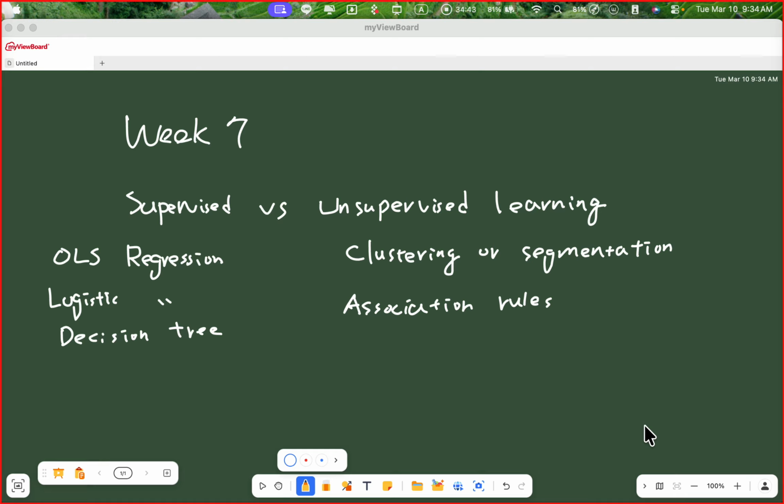So let's go to regression, and we also mentioned the decision tree last week. We just started there, and last week we also explained some ideas about unsupervised learning, called segmentation or clustering. How much do you remember about unsupervised learning?